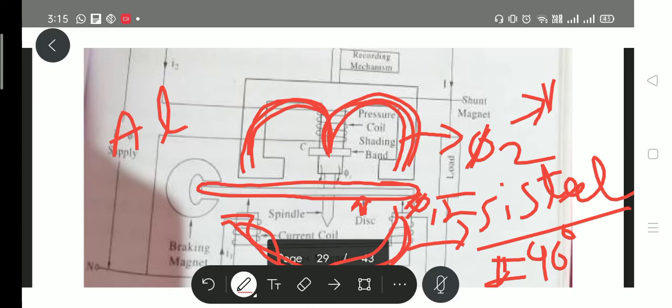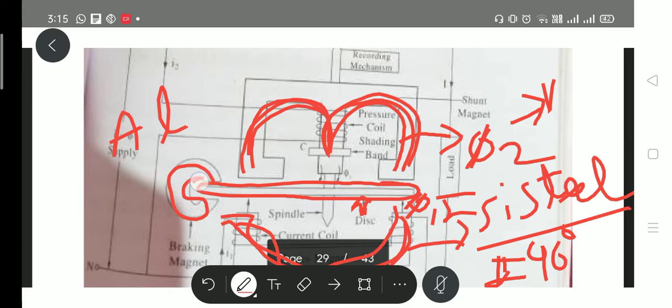In this braking system, one braking magnet is connected, that is a permanent magnet. The permanent magnet is called the braking magnet. The braking magnet is positioned at the edge of the aluminum disc, right? When the aluminum disc moves in the magnet field, it produces the braking torque.